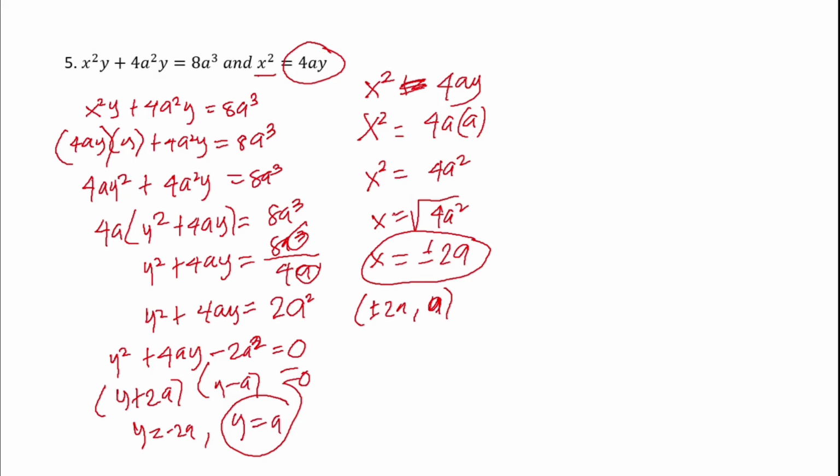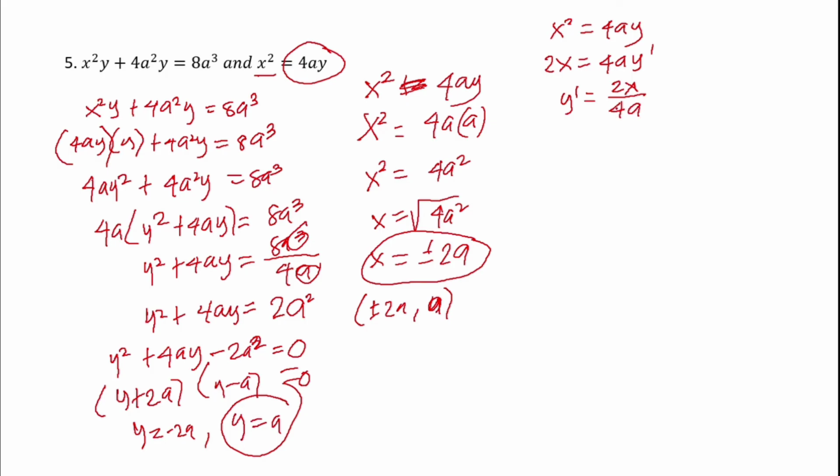The next thing we need to do is find the first derivative. So for x squared is equal to 4ay, 2x is equal to 4a y prime. So y prime is equal to 2x over 4a.